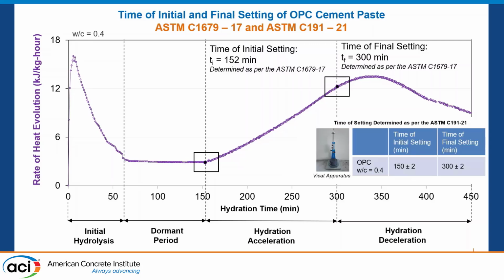And as per the ASTM, we are able to identify the time of initial setting of 152 minutes and the time of final setting of 300 minutes. And we also determined these times of initial and final setting using the Vicat apparatus following the ASTM C191, and we see that the results are in good agreement.